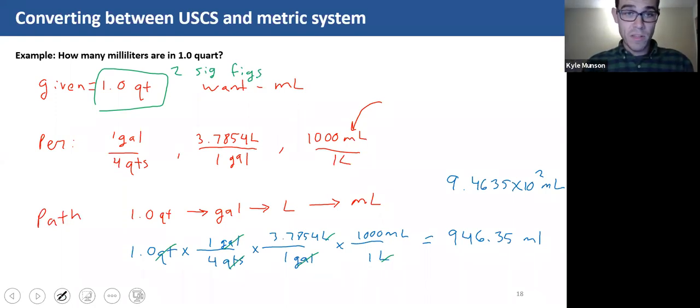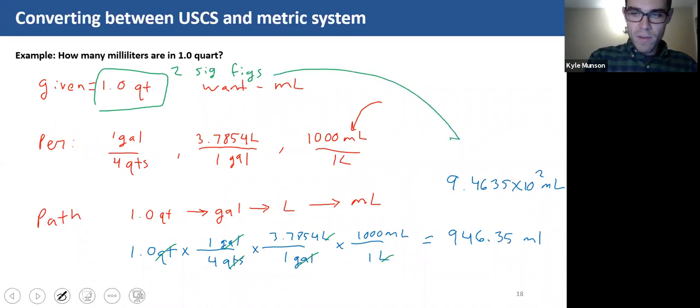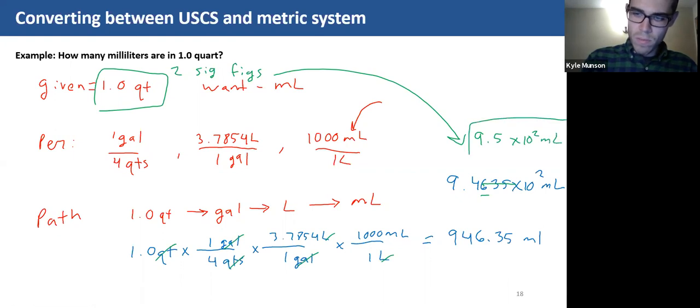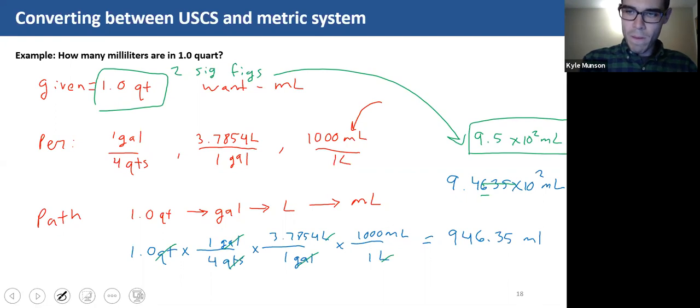They're fixed by definition, so we don't count them for significant figures. So that means my answer can only have 2 sig figs. So this is the answer. So I'm going to get rid of these guys, and the first digit to be dropped is greater than 5. So I'm going to round this up as 9.5 times 10 to the second milliliters. Okay, so correct.